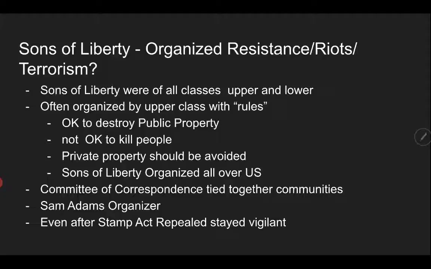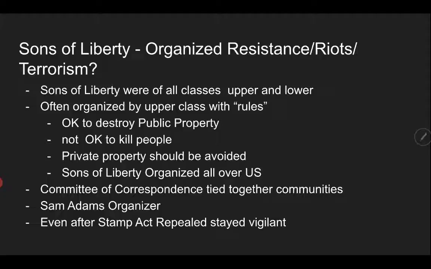Private property should be avoided. And so what would these Sons of Liberty do? Well, they can't make us pay a tax if we burn down the office, right? They can't make us pay a tax if we burn down the collections places. So when they did destroy property, it was often these royal offices.